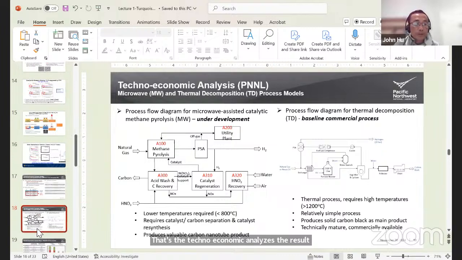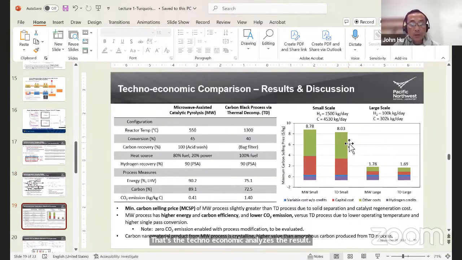It really tells you that at small scale, because you do not have the economy of scale, you have to sell your carbon at a very high price, $8. Today, give or take, carbon black or many carbons are sold for much less than this. However, if you go to very large scale, you only need to sell the carbon at $1.69 minimum selling price in order to break even, which is really good.